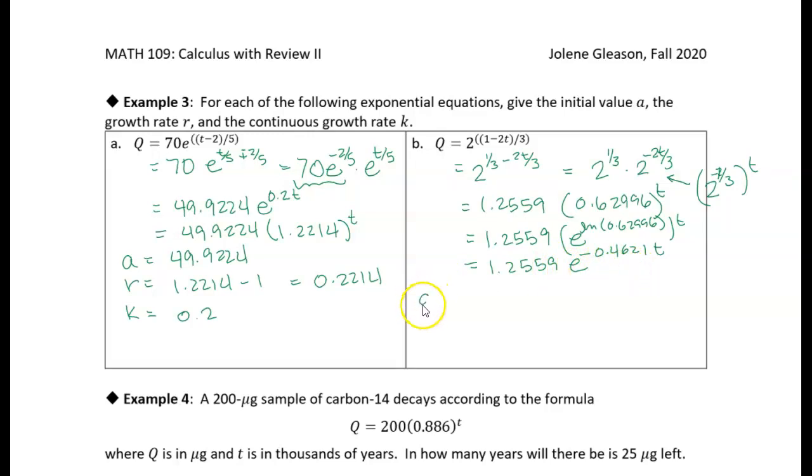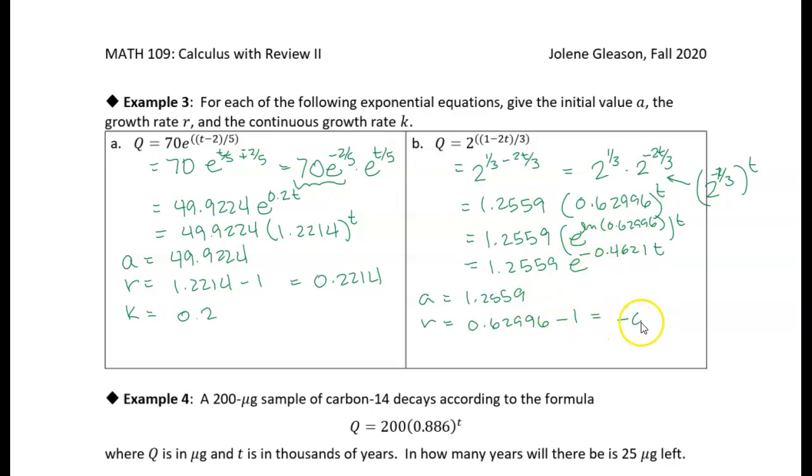All right, so a is equal to 1.2559. R is going to be essentially this 0.62996 minus 1. I didn't break that up into 1 minus something, but I can do that now.